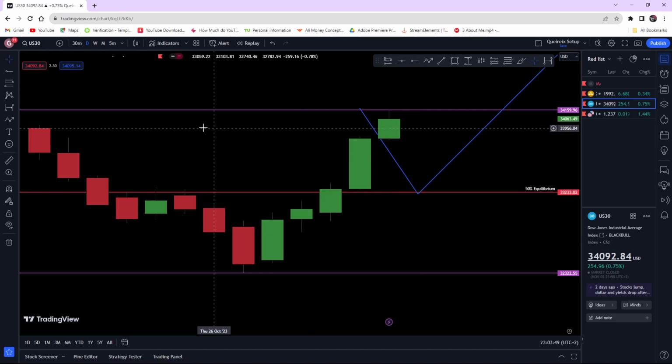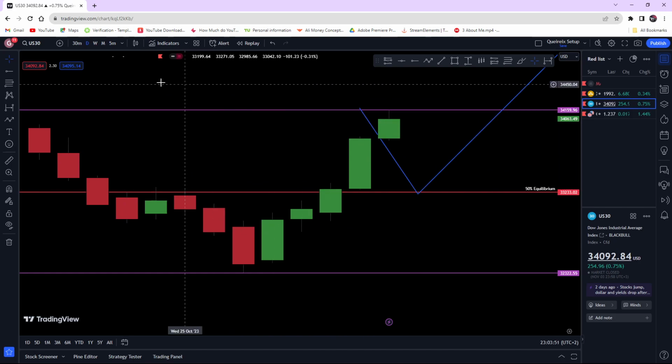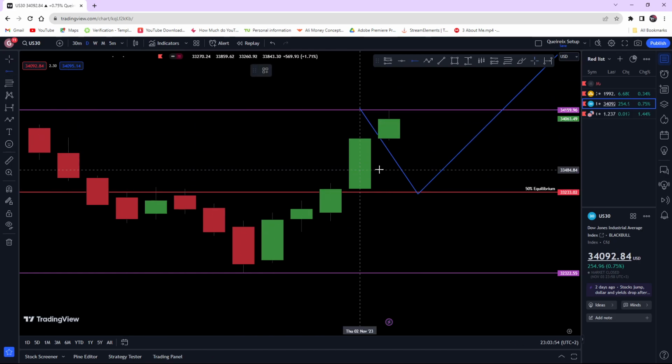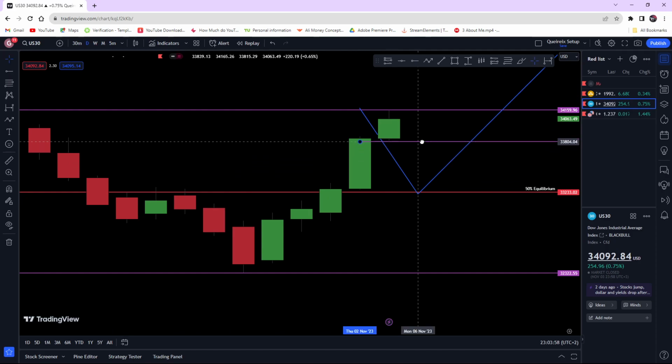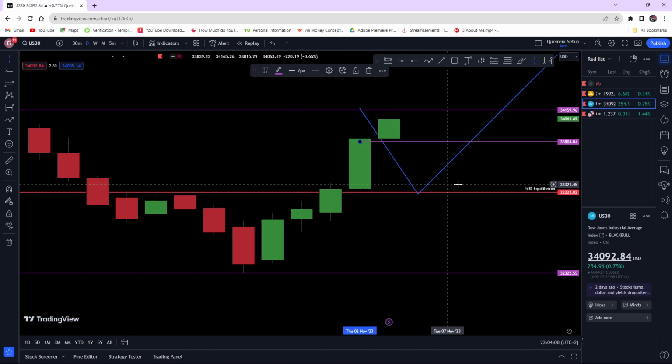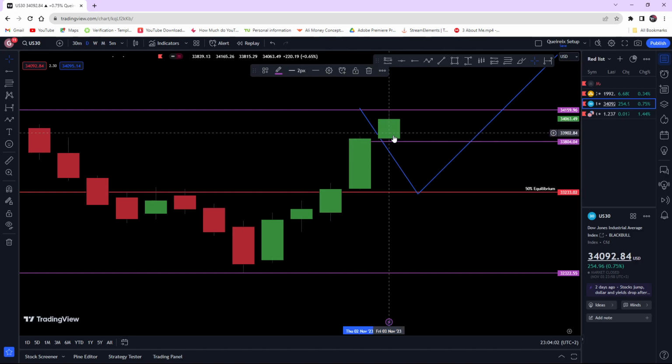Then let's mark our candles for Friday, so that we can get our weekly, our move for tomorrow. See what we can anticipate tomorrow, which is Monday.